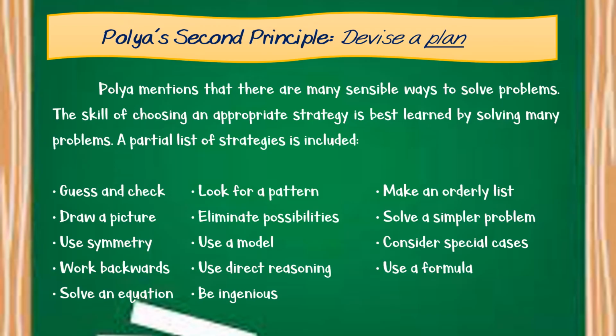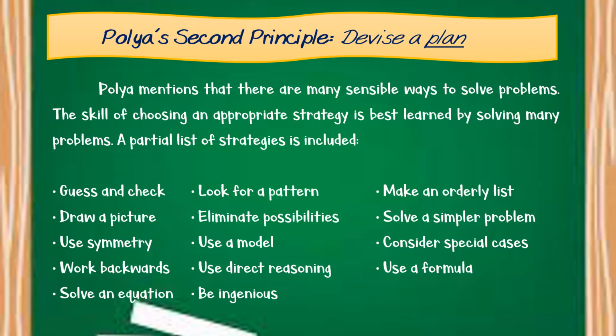You can guess and check, draw a picture, use symmetry, work backwards, solve an equation, look for a pattern, eliminate possibilities, use a model, use direct reasoning, be ingenious, make an orderly list, solve a simpler problem, consider special cases, or use a formula. So each of us has our own strategy to solve a specific problem.